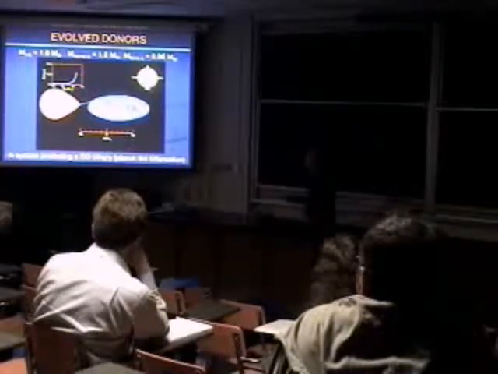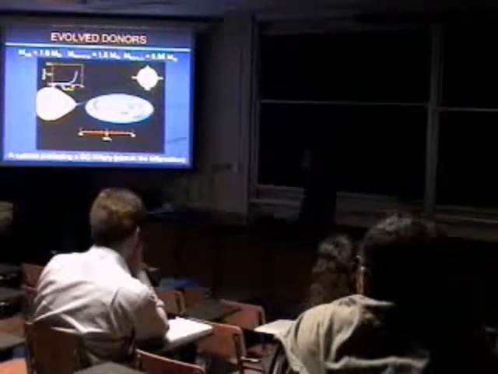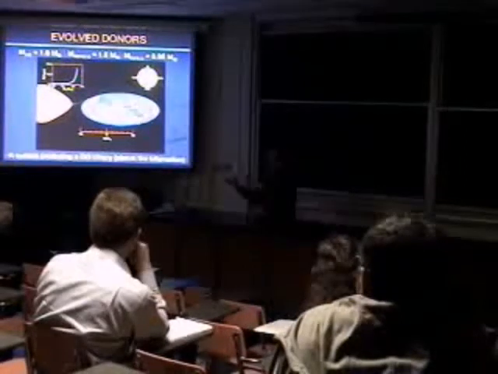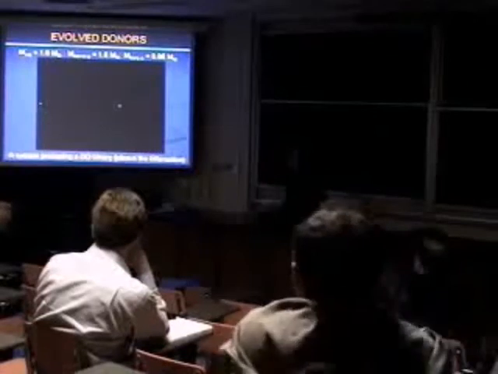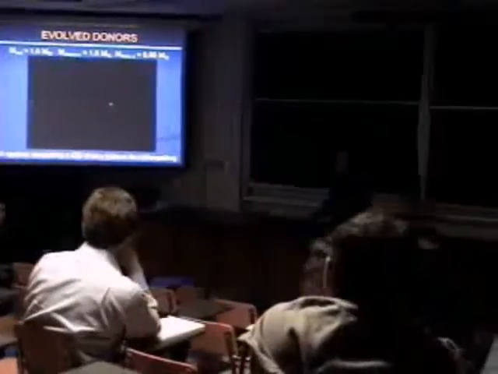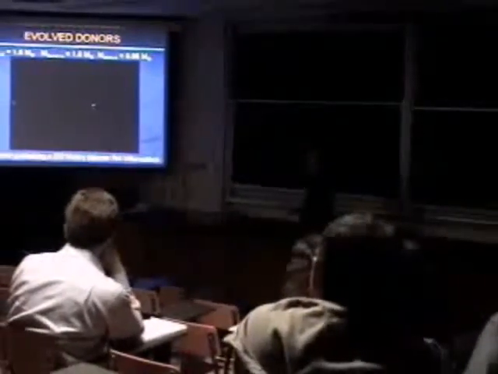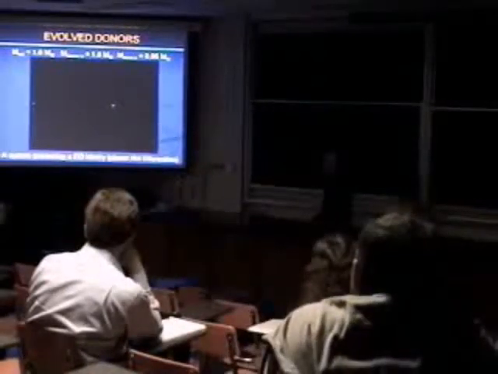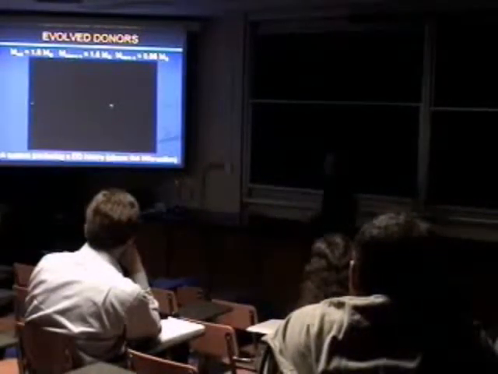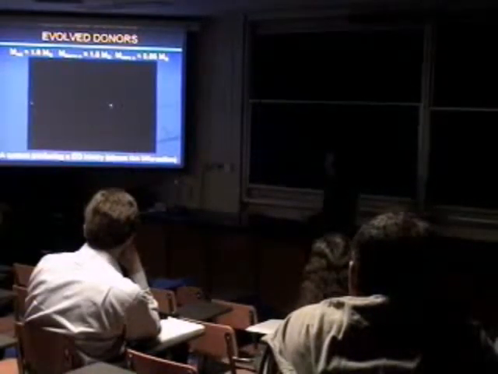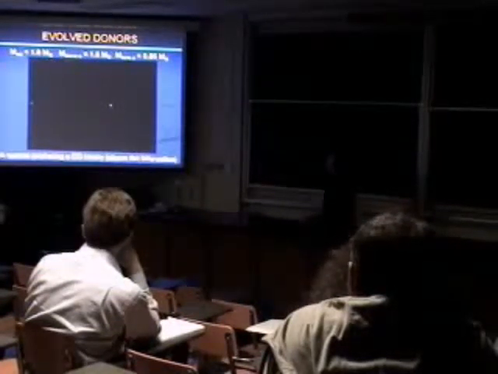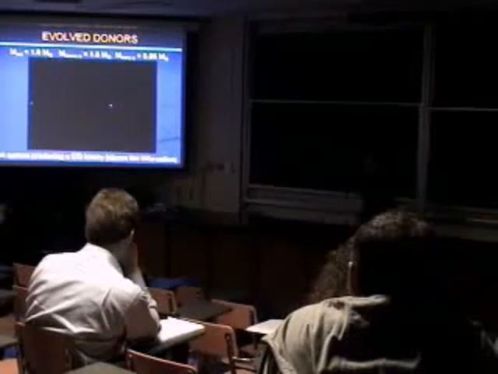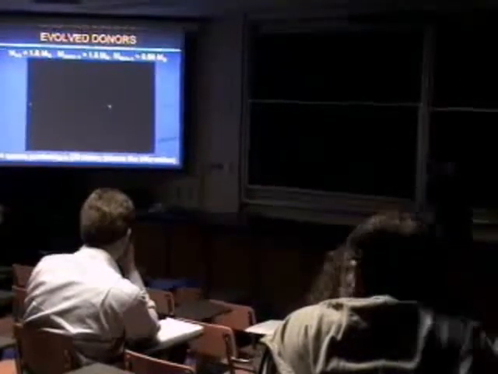It has a helium degenerate core in its center, and eventually all the hydrogen surrounding it becomes depleted, and that envelope has no choice but to collapse. And what you end up with is a double degenerate system. In this case, it's a helium white dwarf of mass about 0.25 and a carbon-oxygen white dwarf of mass 1.0 solar masses. And the orbital period would be about 20 days.